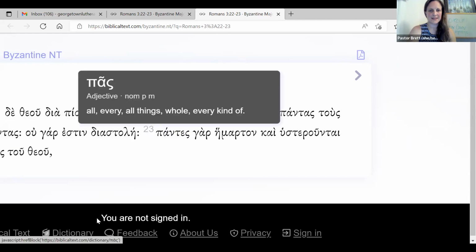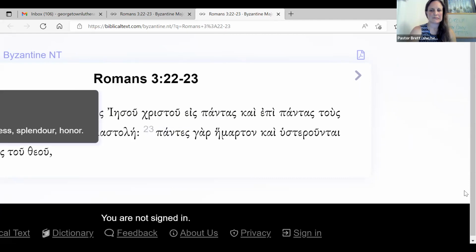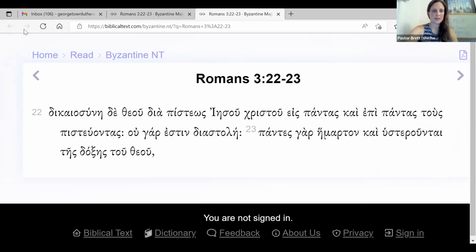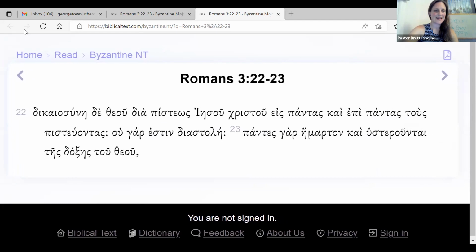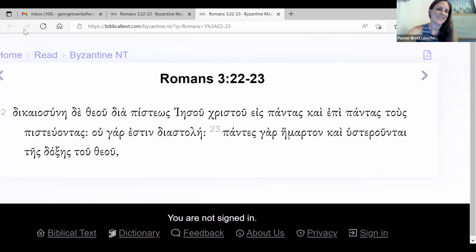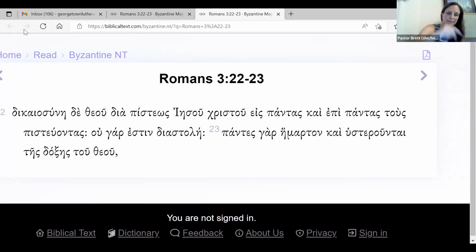Eis. I want to put my mouse over it, but it's going to pull up the grammar. Eis, pantas, kai, epi, pantas, tous, pisteuontas, gar.